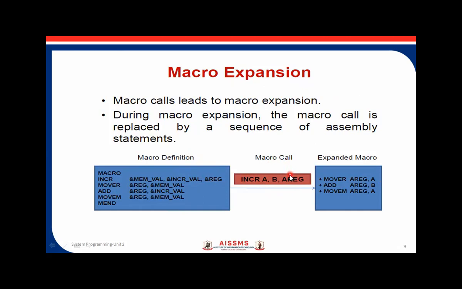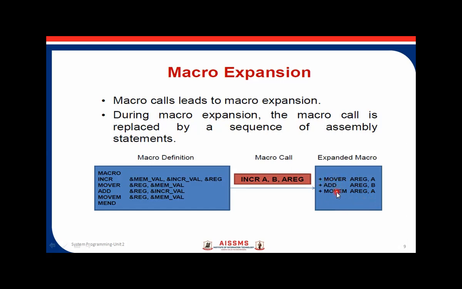Suppose you want to do a certain task in the program where these three steps are again and again required, like you want to move data to some memory, add the contents, and then move the final result to some particular memory location. So move, add, move are the three instructions which are repeated again and again.